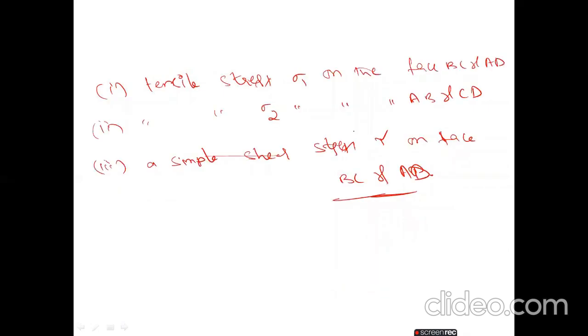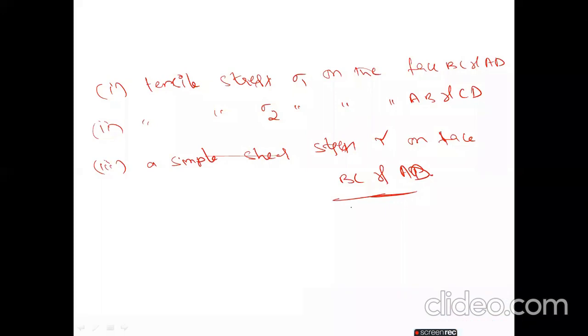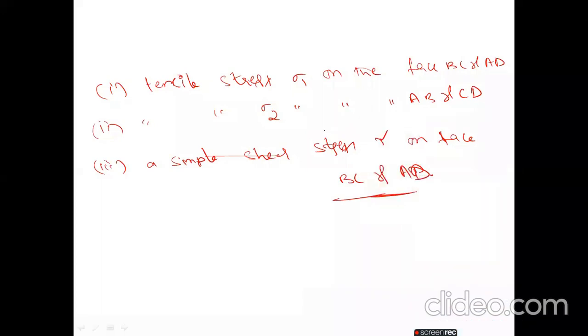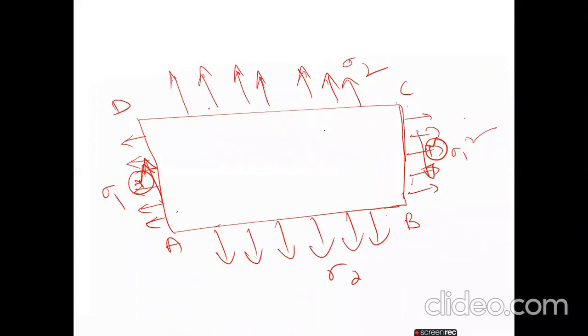So these are the three things available here. The simple shear stress has complementary shear at right angles to it, so faces AB and CD will also be subjected to the shear stress.